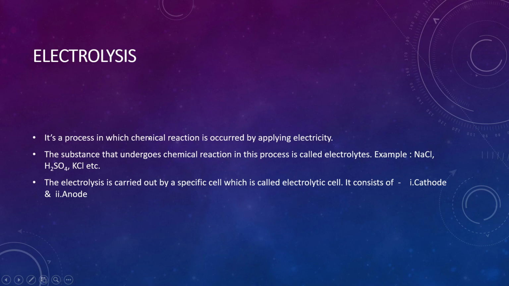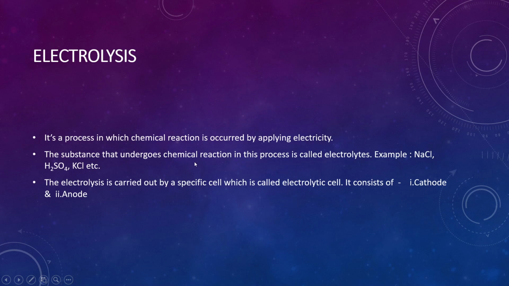Here the chemical reaction will only happen if we apply electricity. So electricity is a must for electrolysis. In this definition, the word electricity is actually hidden in electrolysis. By applying electricity we will get the chemical reaction, otherwise we cannot observe it.